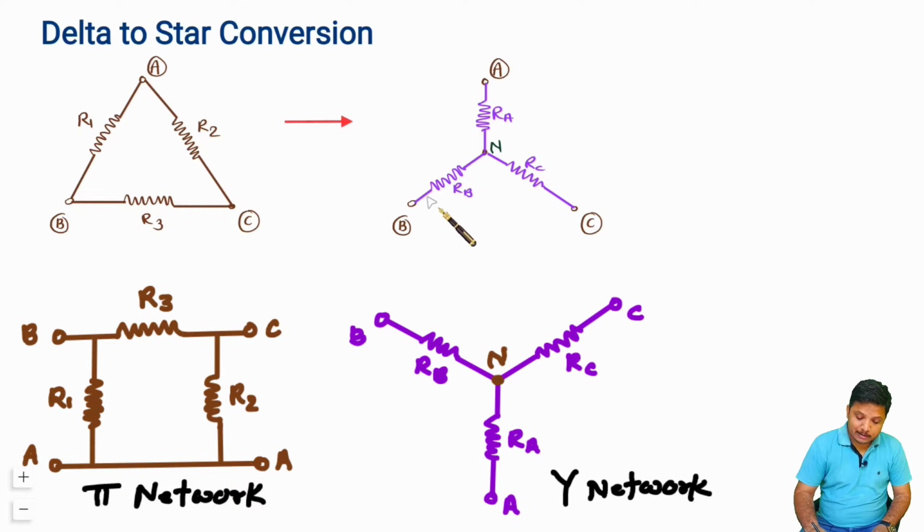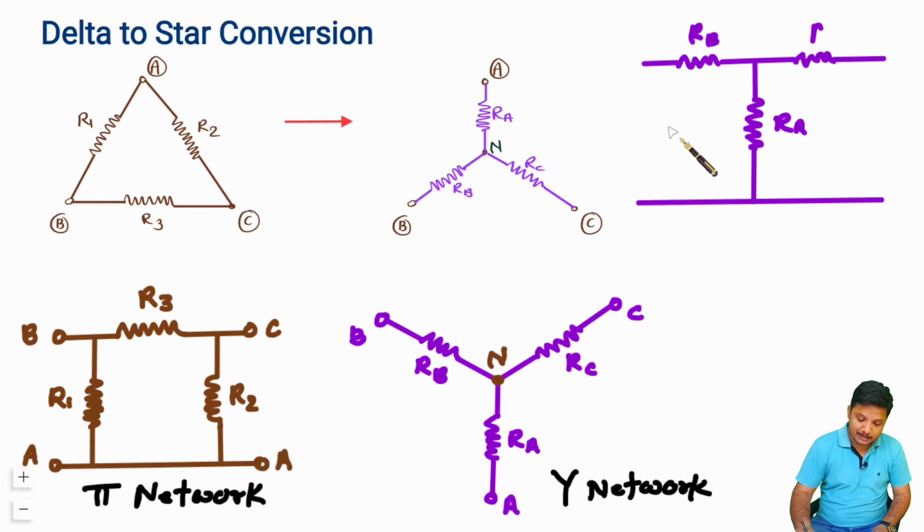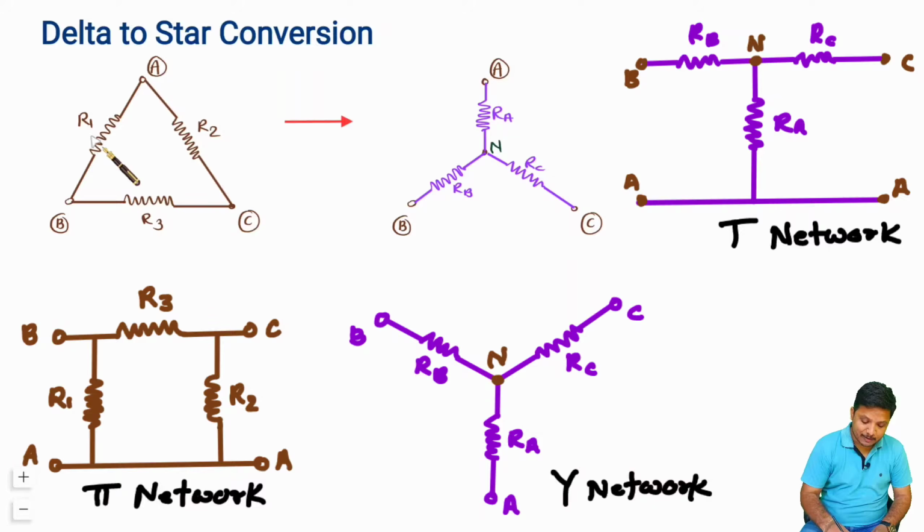And this network, that is also referred as T network. Why? The reason is if you connect B and C like this, and if you stretch this terminal A over here, then it is forming T network. You can see it over here. So this network is delta network, which is also referred as pi network, and this network, that is star network, which is also referred as T network or Y network.